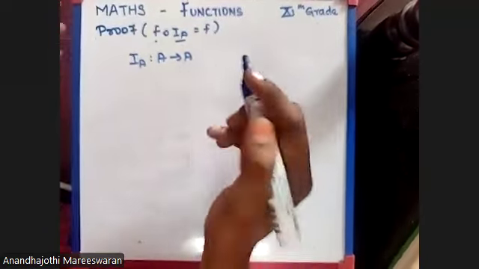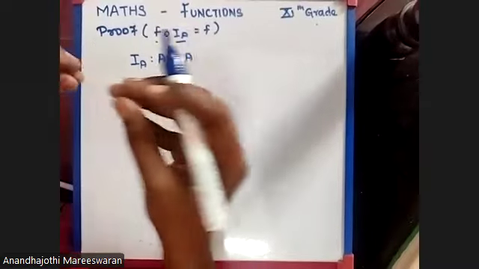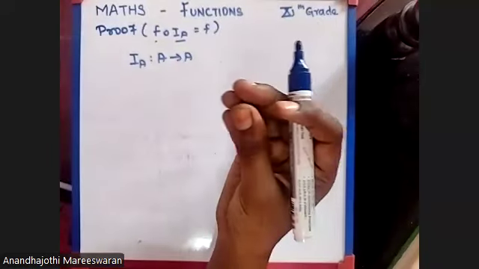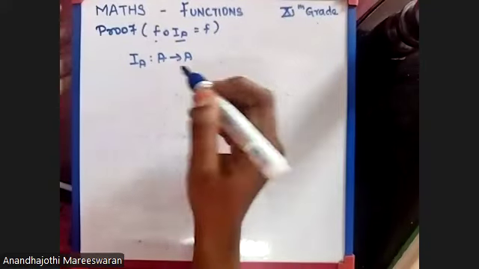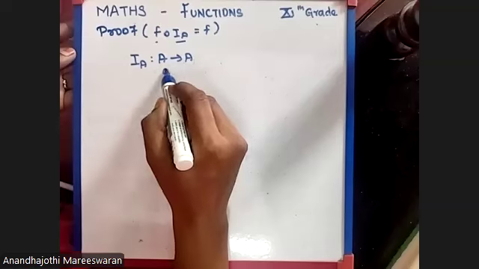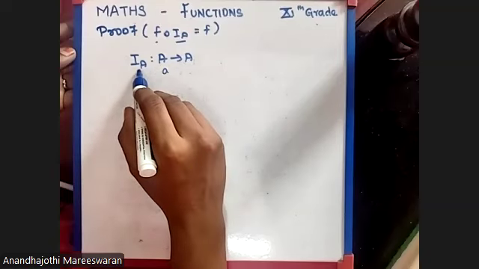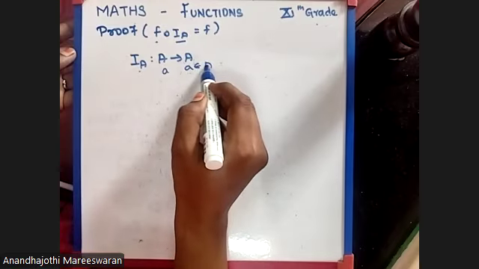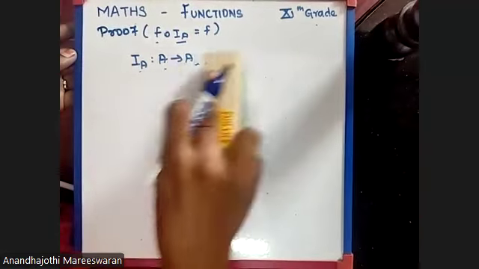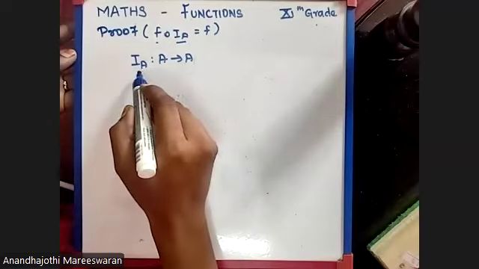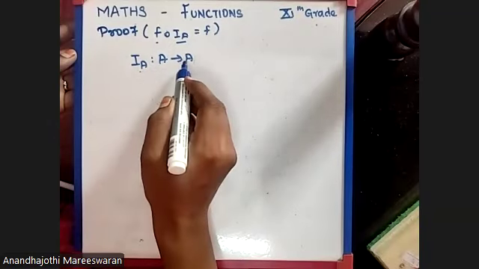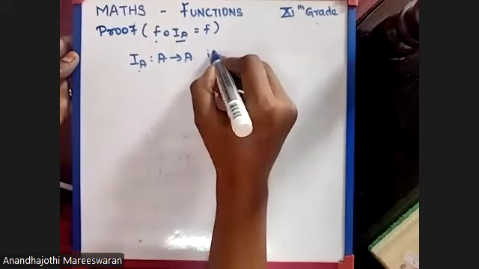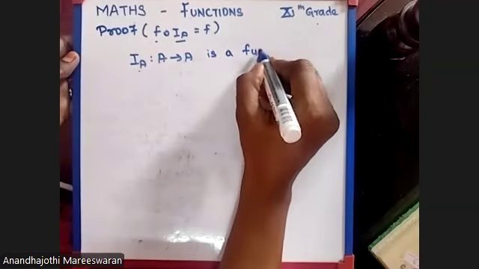The input and the output belong to the same set. If we give some element A in A as input to the function, the output will also be A. They both belong to A. IA maps A to A because it is an identity function.